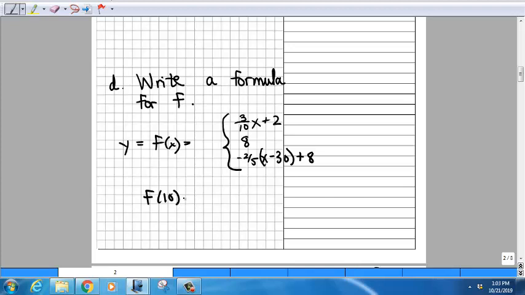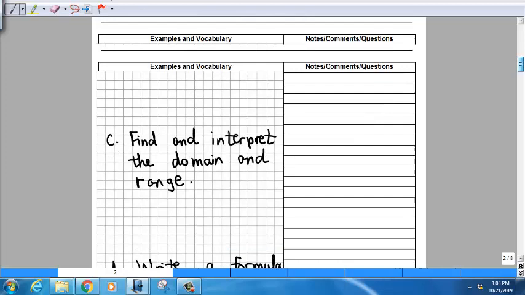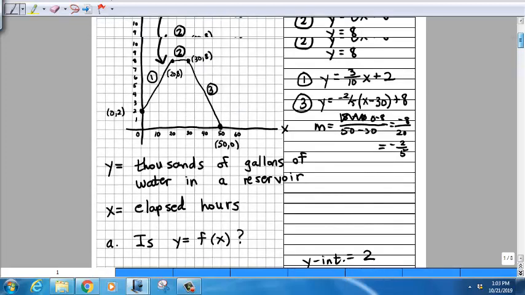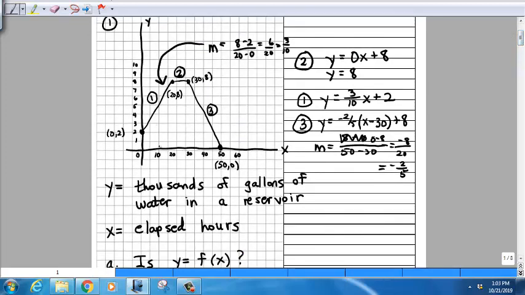From the graph there, Joshua, which piece should the 10 be put in? Yeah, it should go in the first one, right? Because here's 10 right here, and where x is 10, the first formula applies, correct? Okay. But if I'm not looking at the graph, I don't know that, right?